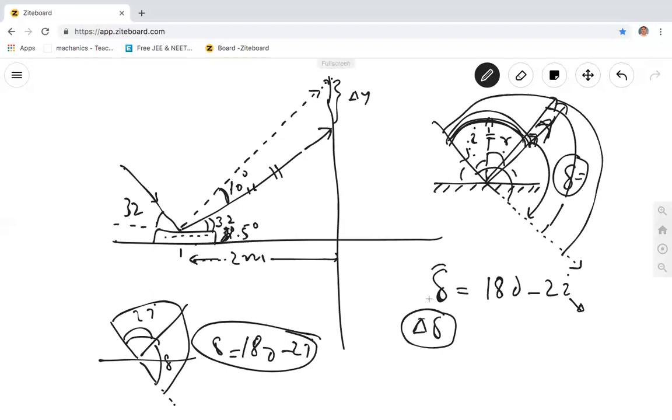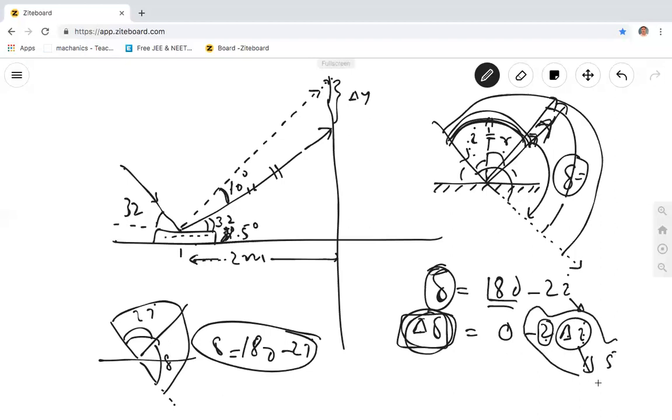So change in deviation is equal to change in 180, that is 0, it's a constant, minus 2 times the change in i. So the deviation is 2 times the change in the incident ray. Incident ray of light changes when you push the mirror up and down. So if you deviate the mirror by 5 degrees, the deviation will change by 10 degrees, 2 times.